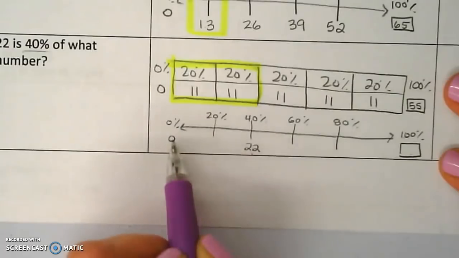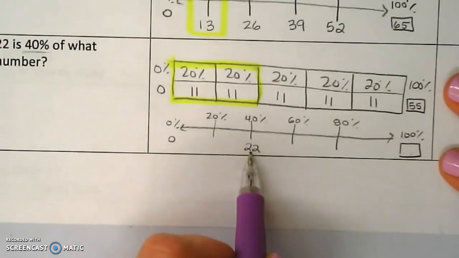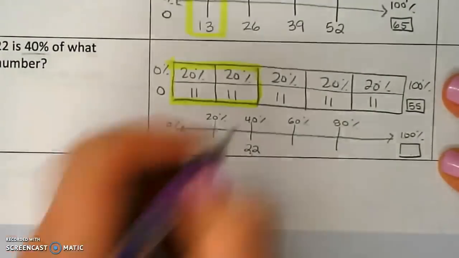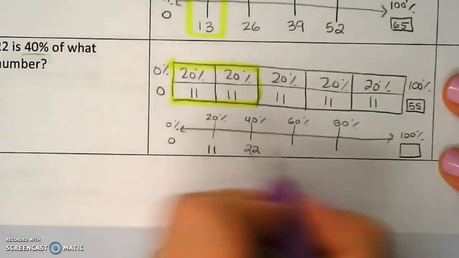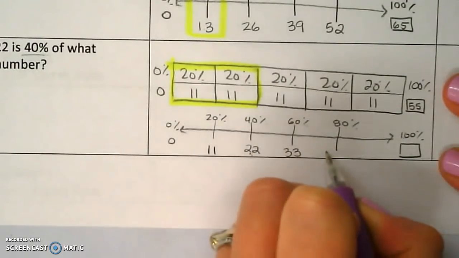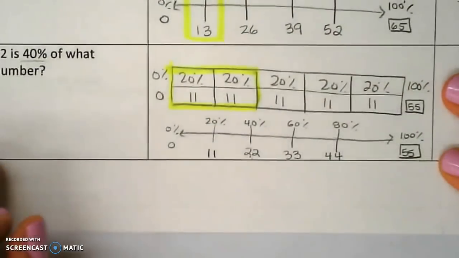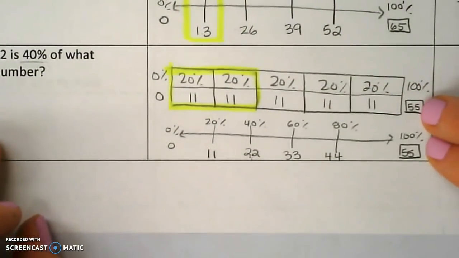So here we had to go 2 jumps to go from 0 to 22. 22 divided by 2 is 11, which means you're skip counting by 11s. So we have 11, 22, 33, 44, and last but not least, there's our 55. So both models show us that we get 55 for our answer.